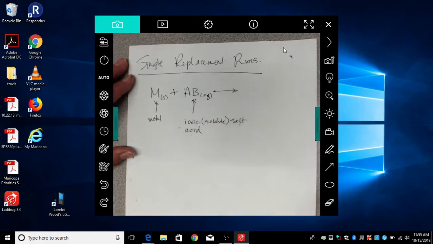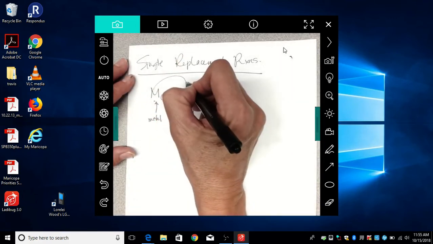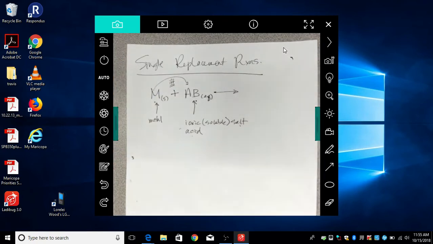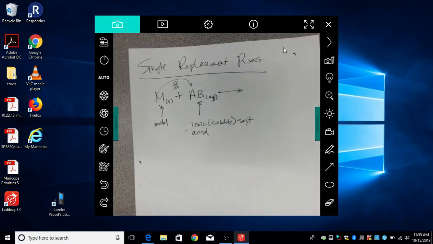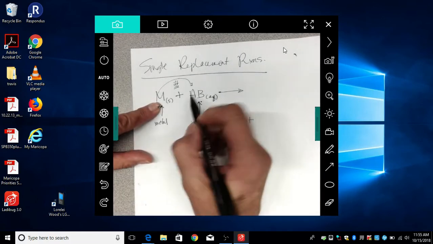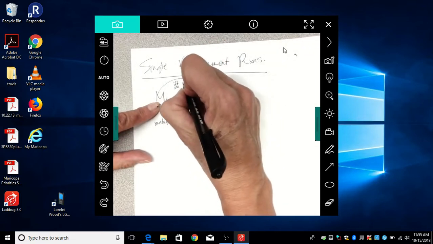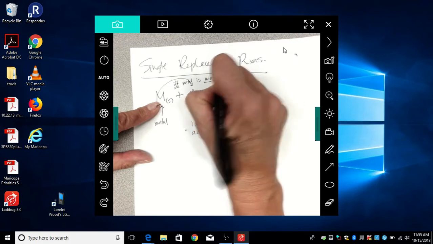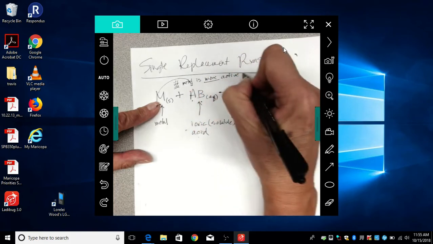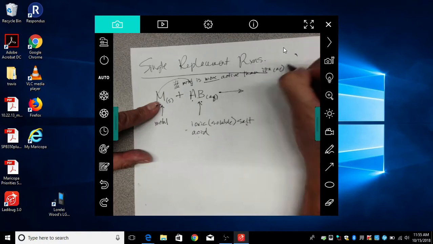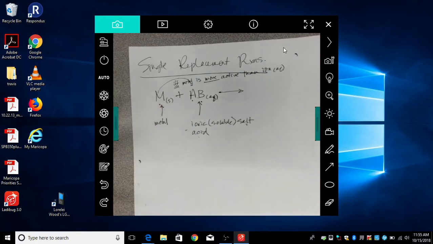And what happens is the metal, if, does anybody in this class know what IFF is? If and only if, you're in calculus, right? So if and only if this metal is more active than the ion in aqueous solution, then a reaction will take place.